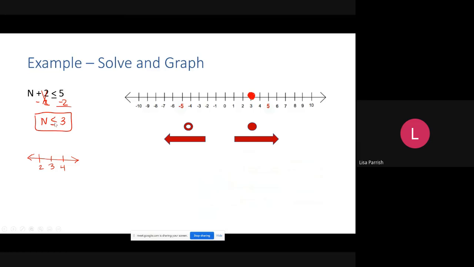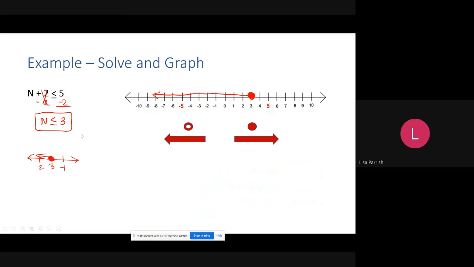That means less than 3, so I want my tail to cover all of the numbers less than 3. If you made your own little short one, you could just color that circle in and draw your arrow to the left. Less than goes to the left.